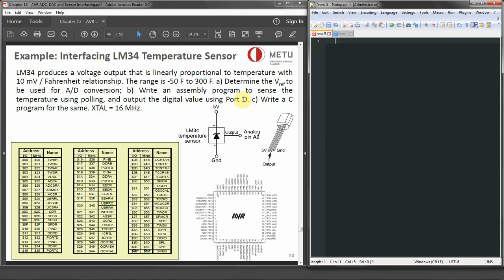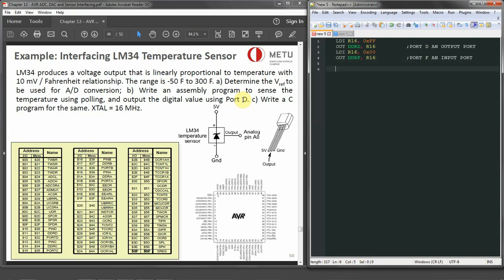So LDI R16, 0xFF. So OUT DDRD, R16, and that's going to make port D an output. Then repeat the same thing for port F, but this time it's going to be 0x00 and OUT DDRF, R16. And we made port F an input port.